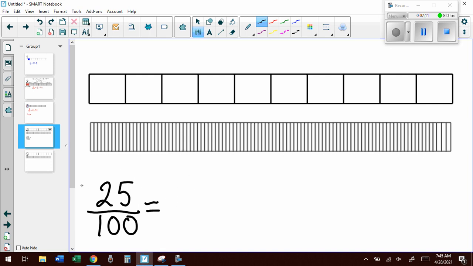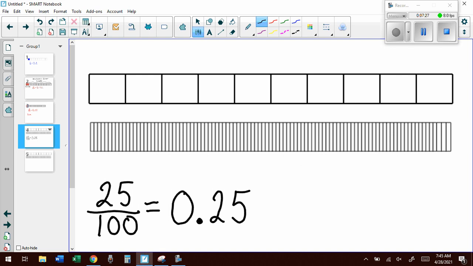We have 0 whole pieces, so we have 0 in the ones place, a decimal point, 2, 5. That's how it's written in decimal form.